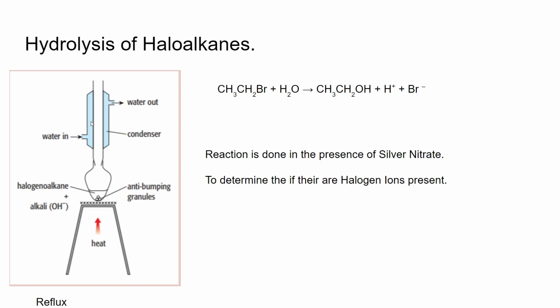It's just to condense back down our organic compounds so that they do not leave the container or create too much pressure within the actual container. Okay, so we'll end up getting some evaporation, and then we'll have it condensing back down with this condenser.